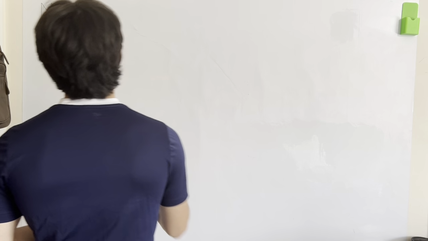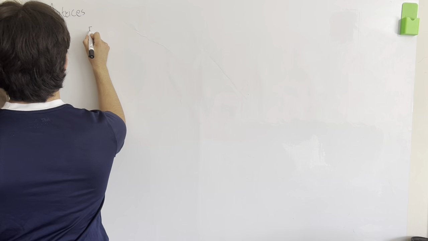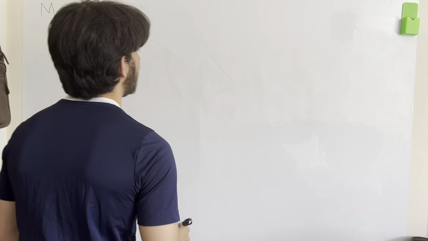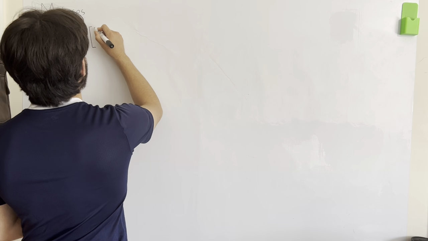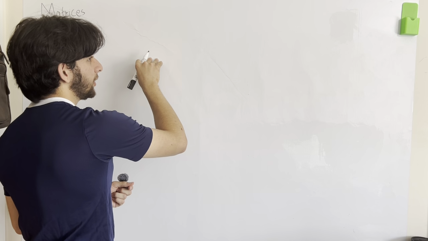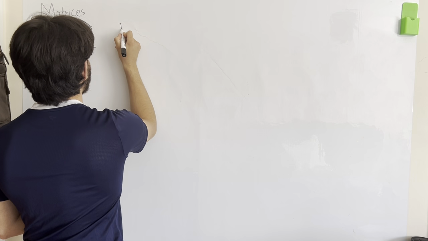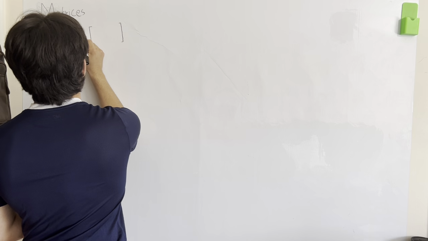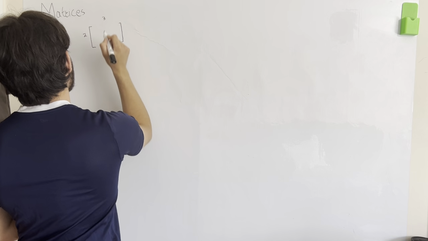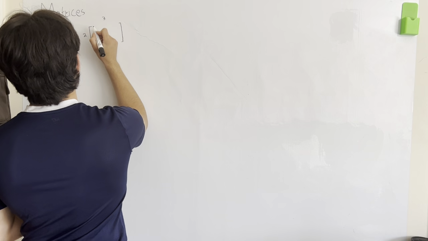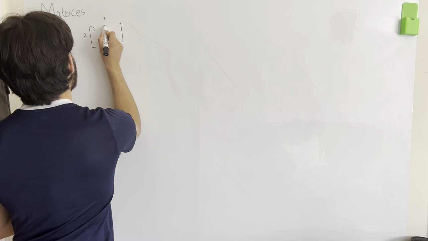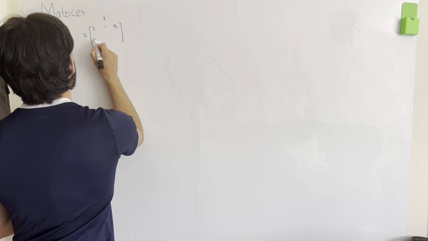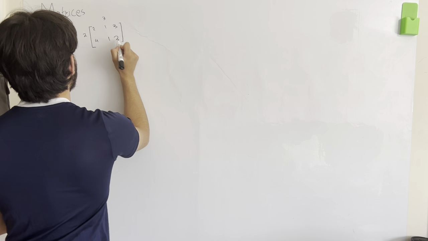So a matrix, contrary to what some of you might think, is a very simple thing. It's essentially just a rectangular array of numbers. So I could choose what this rectangle size is. Maybe it's 2 rows and 3 columns, and I can fill this up with numbers of my choosing. Maybe, for simplicity's sake, I'm going to choose 2, 1, 3, 4, 1, 2.